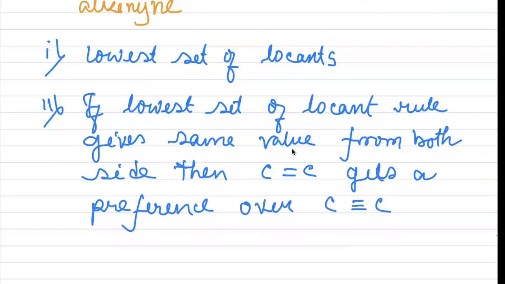If the lowest set of locants from both sides are the same, then carbon double bond carbon gets a preference over carbon triple bond carbon. Am I clear?